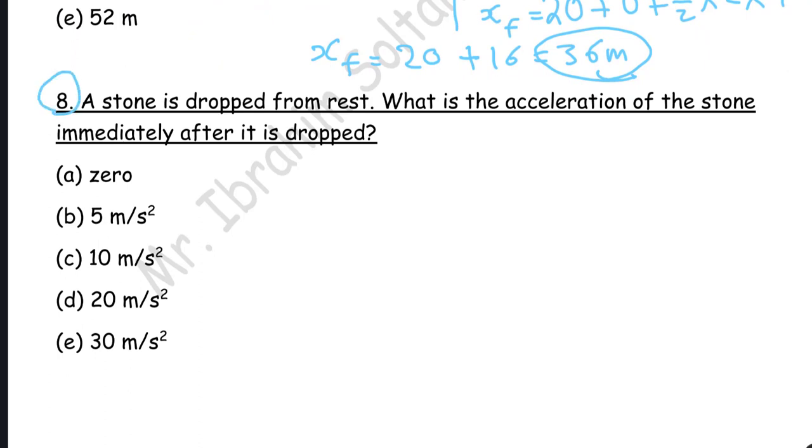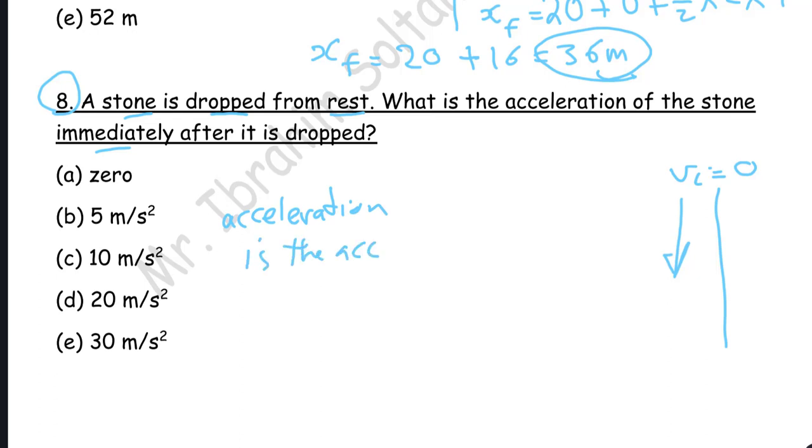Number 8, a stone is dropped from rest, so V initial equals 0. What is the acceleration of the stone immediately after it is dropped? The acceleration here is the acceleration due to gravity.